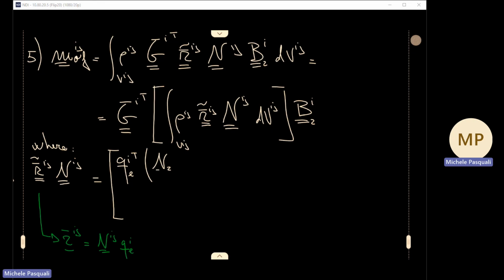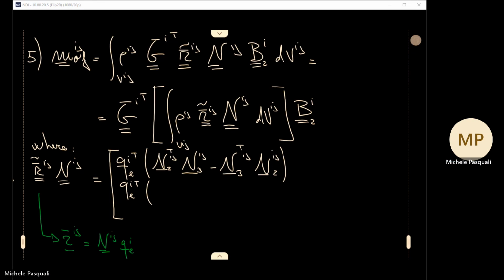So we have N2 ij transposed applied over N3 ij minus N3 ij transposed applied over N2 ij. And this is the first one. We get basically the following: Qi transposed applied, always the vector.